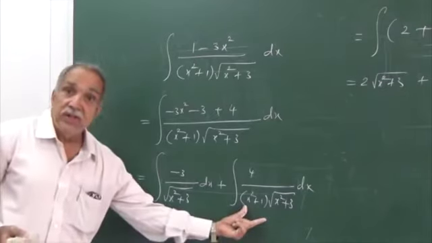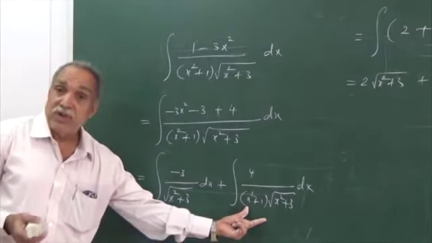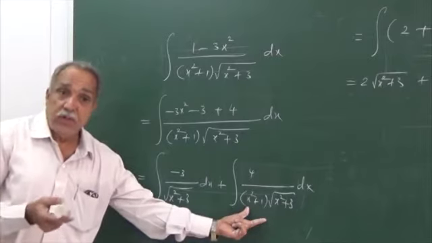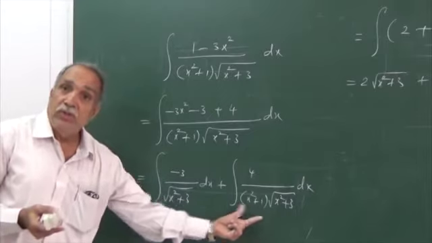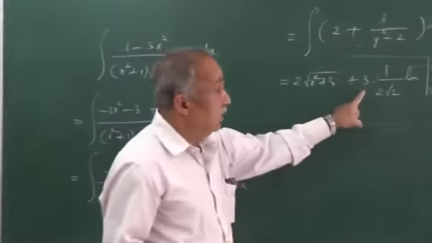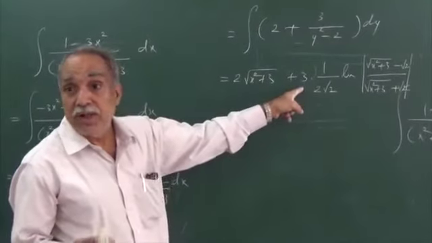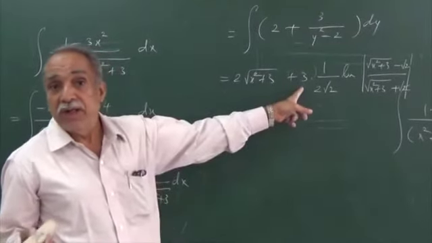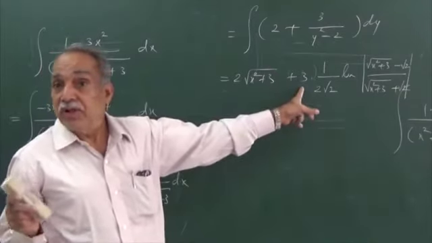This integration you are already familiar with. The method will be substitution, x = 1 by t. We have already tried one or two problems of that type. I leave this job to you. Finish the integrations, add what you obtain to the part of the integral which has already been obtained, and to the result add a constant of integration. What you have obtained will be the final answer, the integral that you are required to obtain.